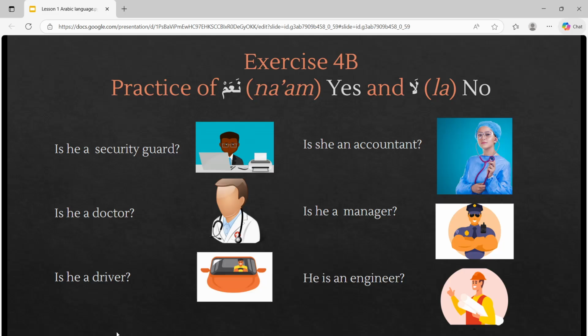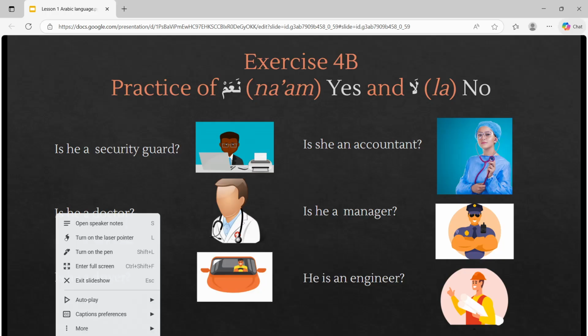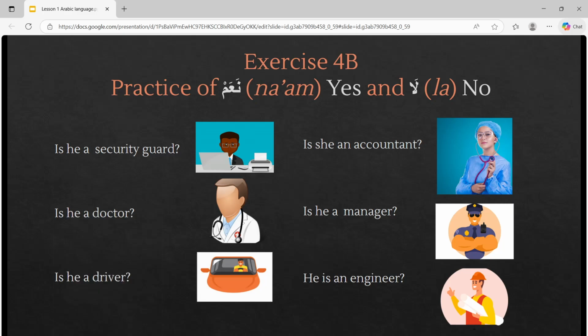Same thing here. The practice of na'am and la. So na'am means yes, la means no. So is he a security guard? The answer is la. He is a muwaddaf. He's an employee. Is he a doctor? Na'am. Yes, he is a doctor.